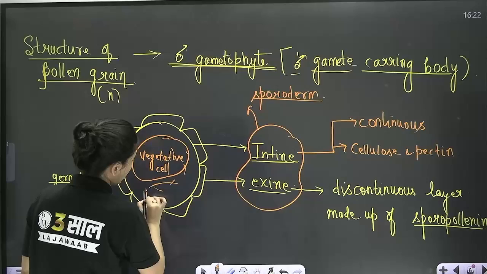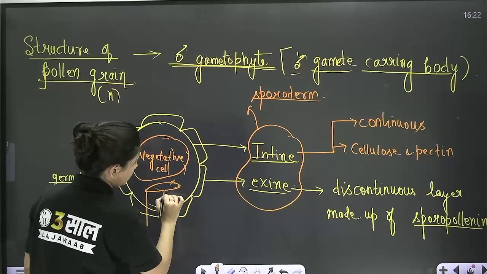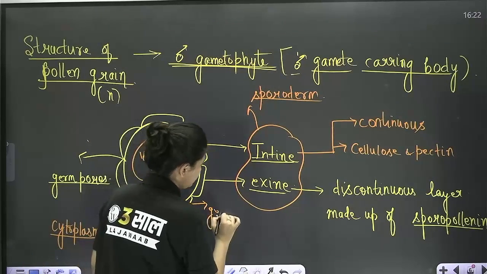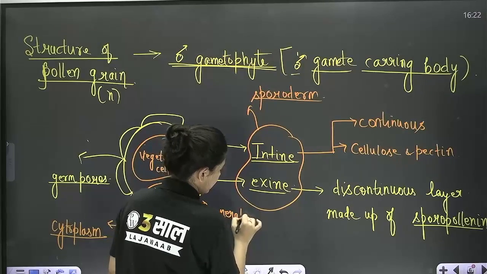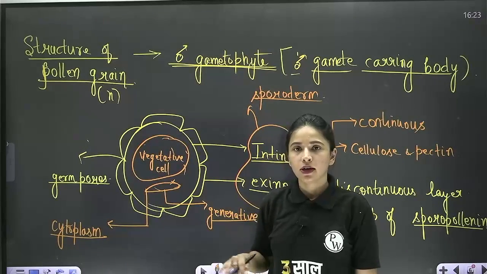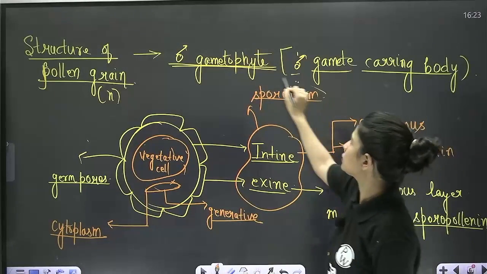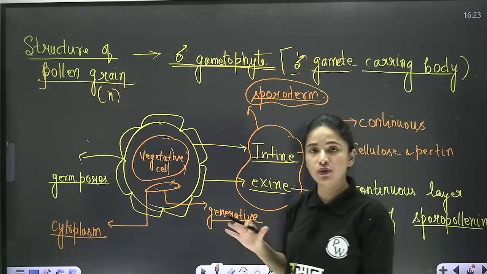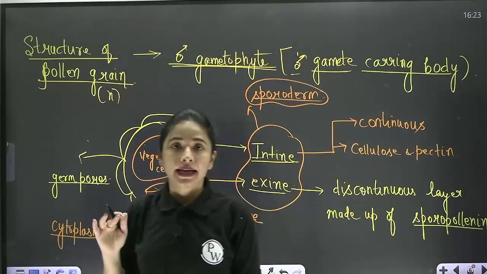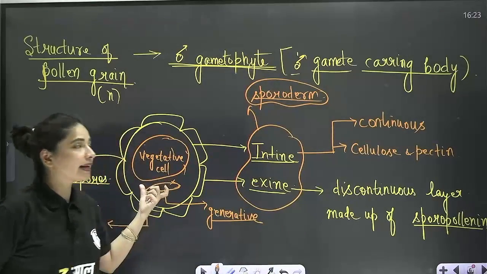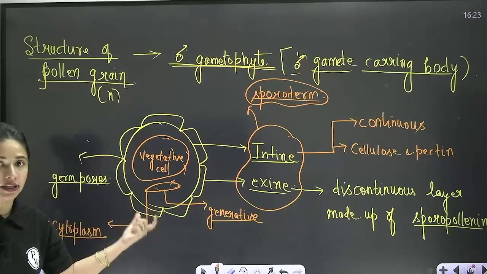And the smaller spindle-shaped called as generative cell. Okay, so now beta, these two layers, exine and intine, together, as I told you, is known as sporoderm. Now, these are the two cells inside the pollen grain, vegetative cell and generative cell.